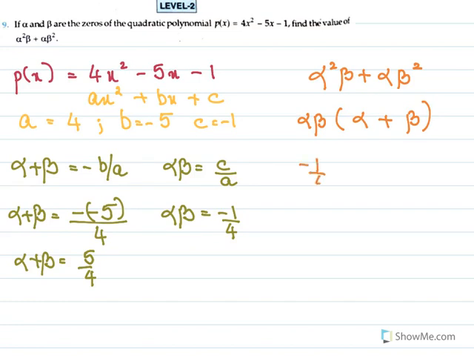So this will be minus 1 by 4. Now alpha plus beta, we're going to substitute for this now, is 5 by 4. So we put here 5 by 4. So we have minus 1 by 4 into 5 by 4, which is minus 5 by 16.